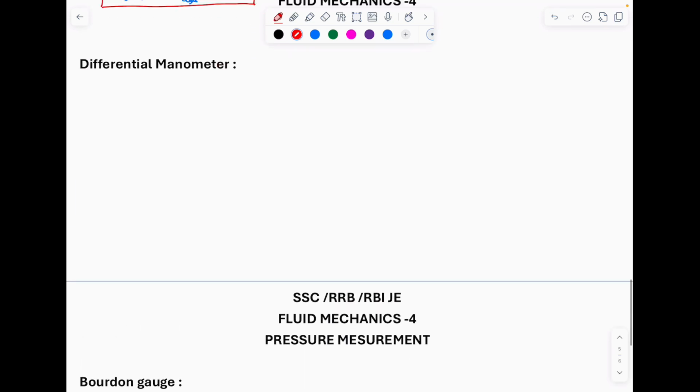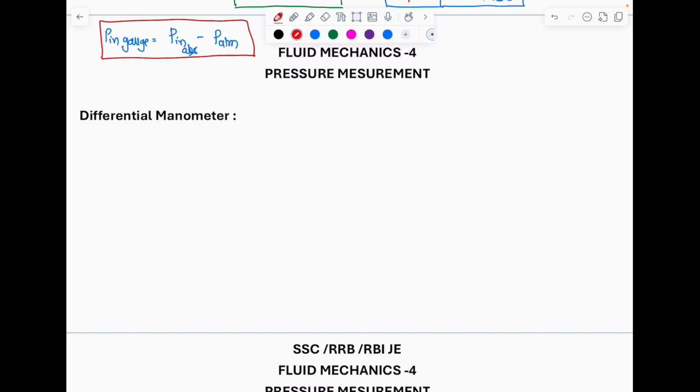And when we use the differential manometer, we can have inverted manometers, differential manometers, inclined manometers.